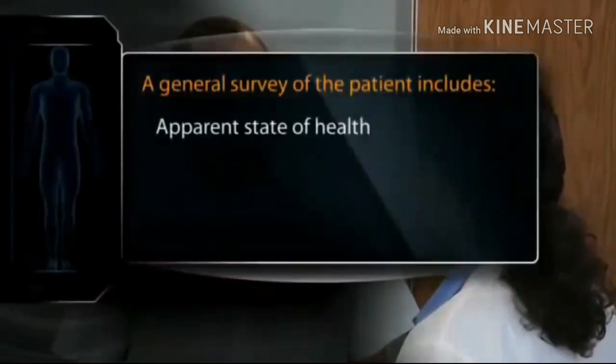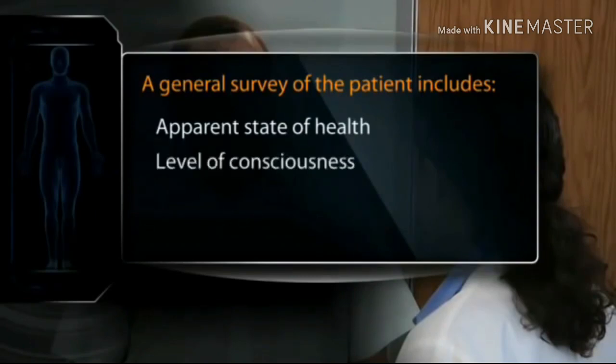This includes apparent state of health based on observations throughout your encounter, level of consciousness. Is the patient awake, alert, and responsive to you and others? Signs of distress. Does the patient show evidence of cardiac or respiratory difficulties, pain, anxiety, or depression?